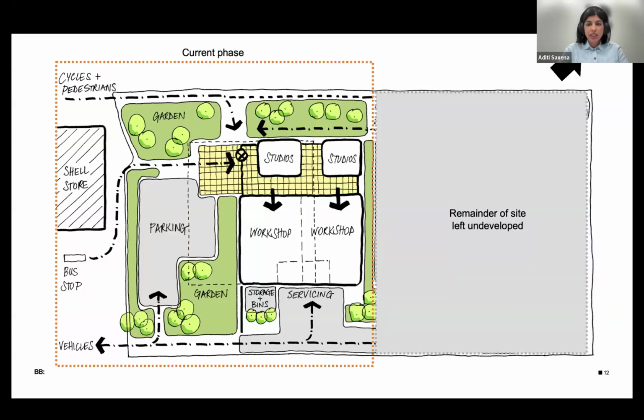So you can see that the grey area is what was left undeveloped, open for potential future expansion should the client wish to do so. But this reduced the development area by roughly half, which meant that the client only really needed to purchase that left-hand side of the site, thus providing them with further cost savings.